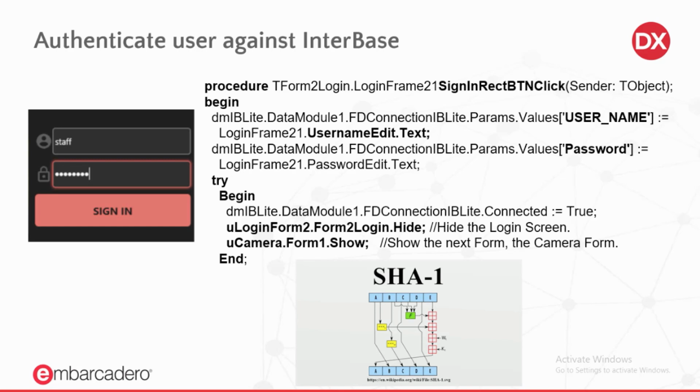For our application security for login authentication, we can use the strong password protection provided by our embedded InterBase database. InterBase's password protection supports a password length of 32 bytes and a password algorithm using a modern cryptographic hash function that is more widely accepted by organizations in private industry and government.